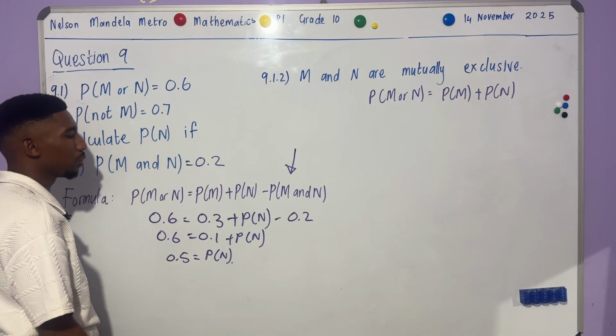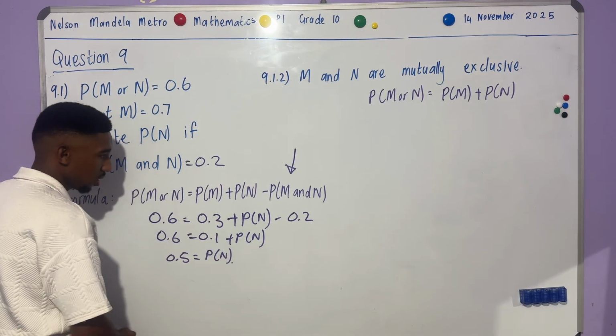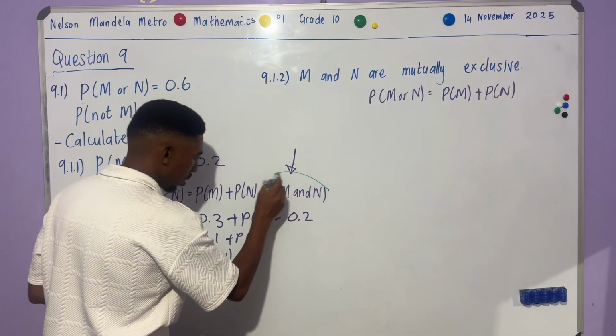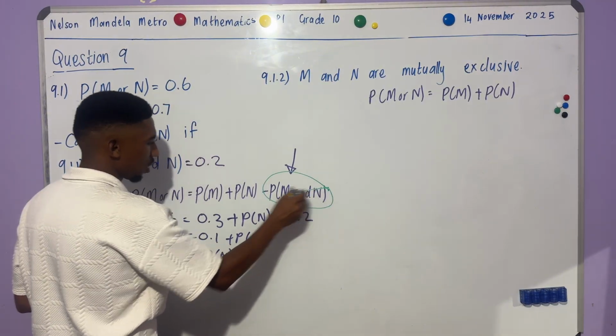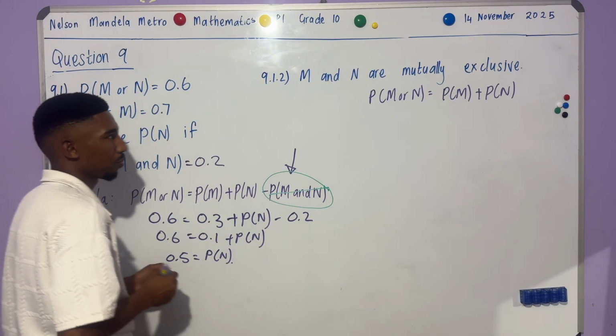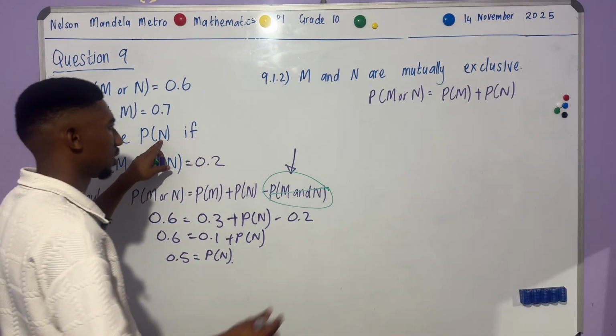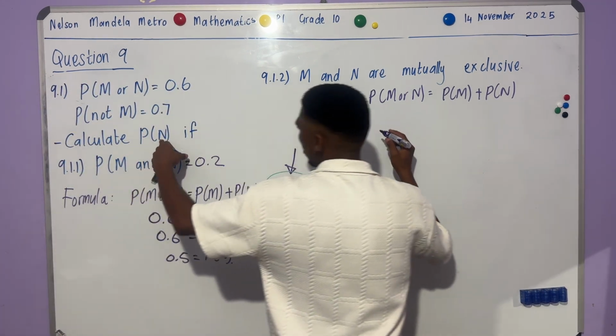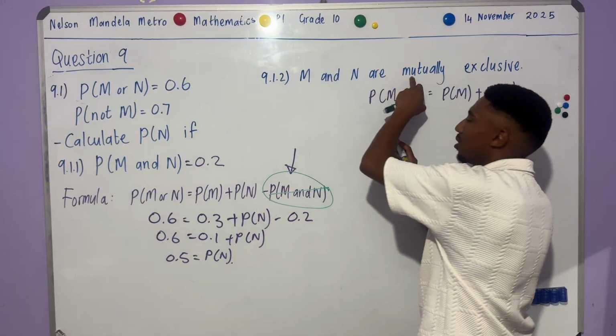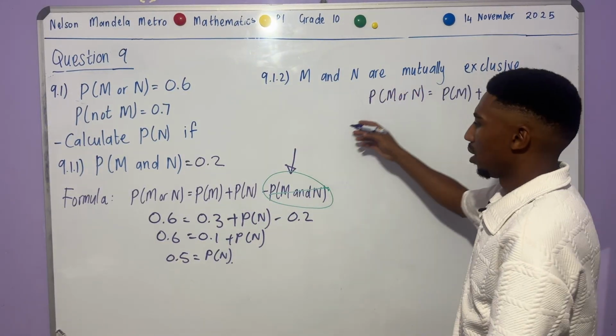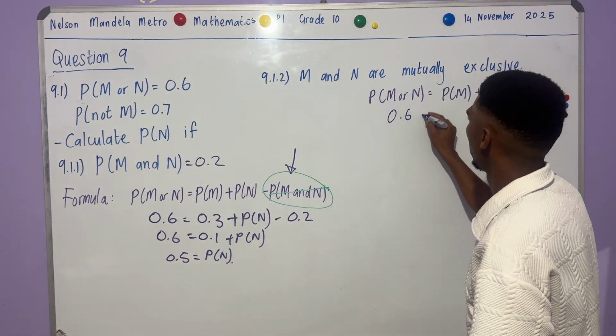In other words, we can use this exact formula over here, except now, like we said, it's mutually exclusive, so this part of the formula falls away, right? And we need to calculate P(N) now. It's the same thing, we're using the same information, but a different scenario. So P(M or N) is equal to 0.6.